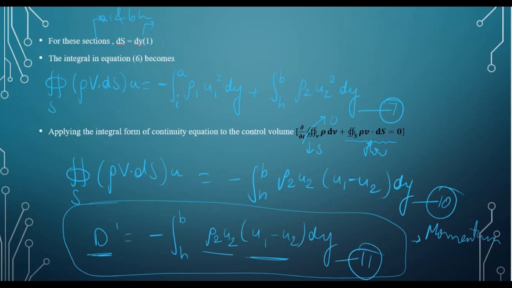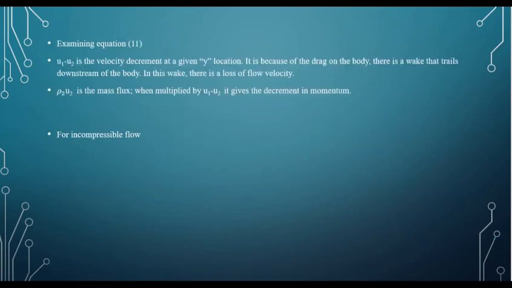Now what if I say that I want to write this equation for an incompressible flow? As we know the condition for incompressible flow, my density is constant. So what happens to the density? It comes outside of the integral, and then we are left with u1 minus u2 into dy.